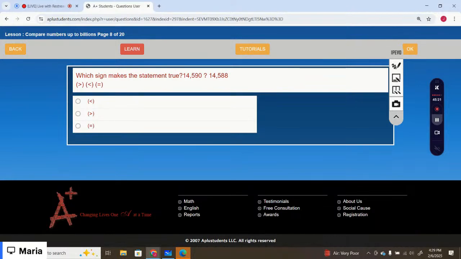Which is the correct option? 14,590 and 14,588.